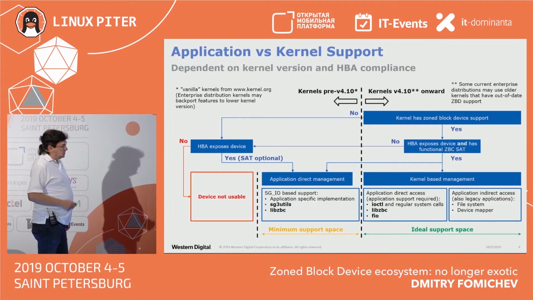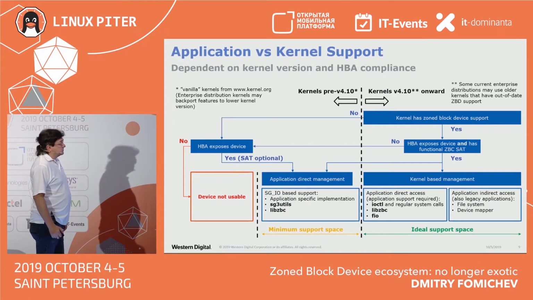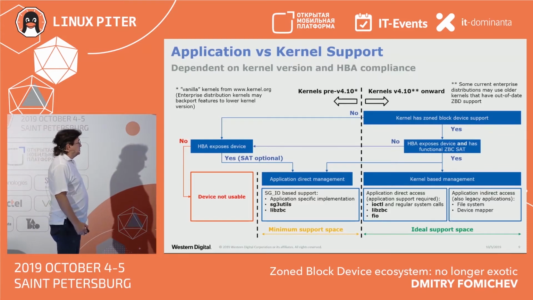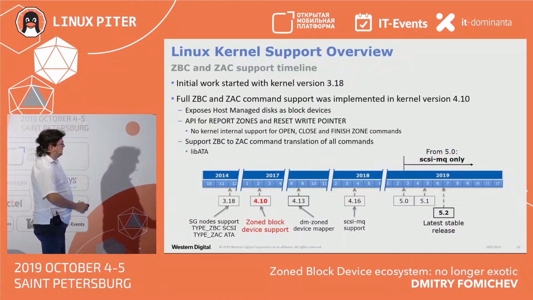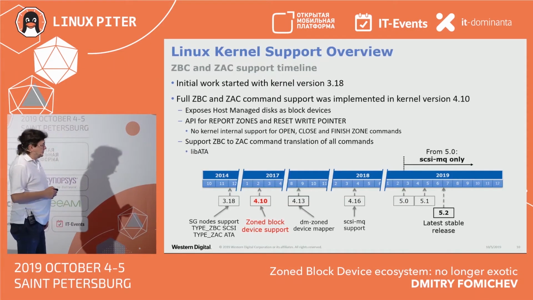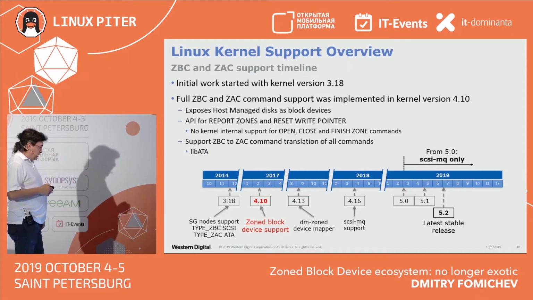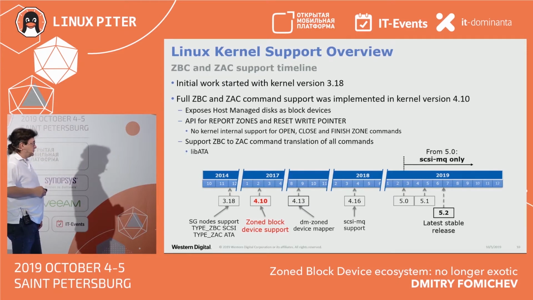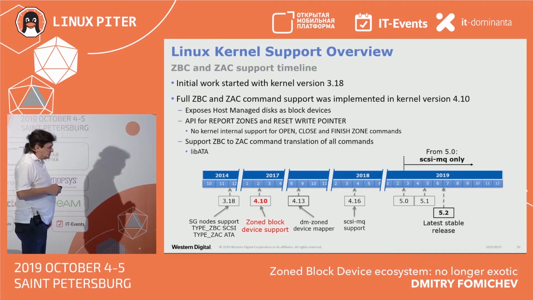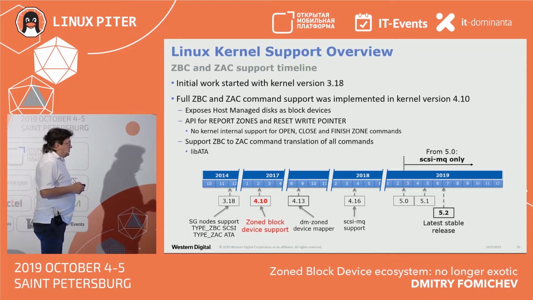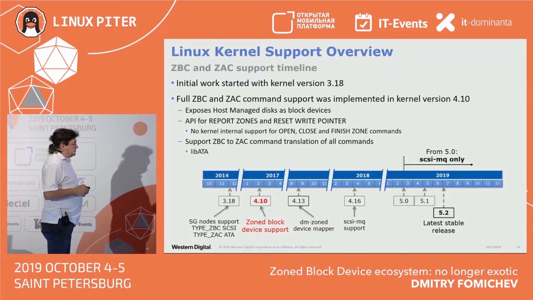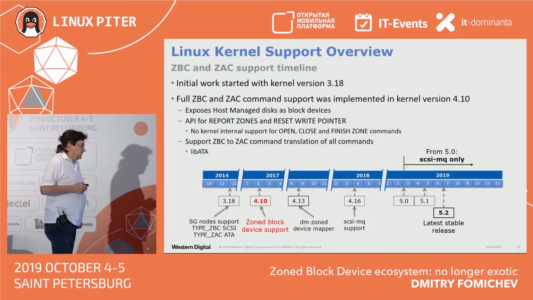After that, there is some support from the kernel, which we're going to look at in a moment. That's a more detailed overview. See that milestone for 4.10. Before that, there was some support added earlier. But another major milestone was in 4.16.